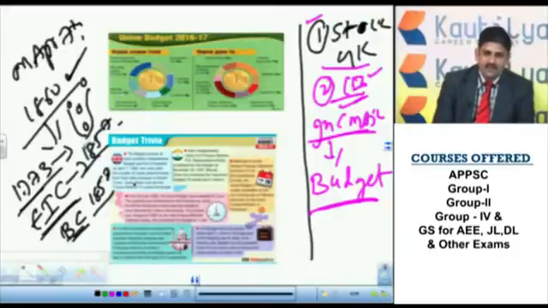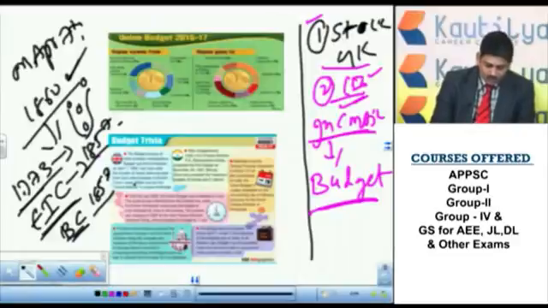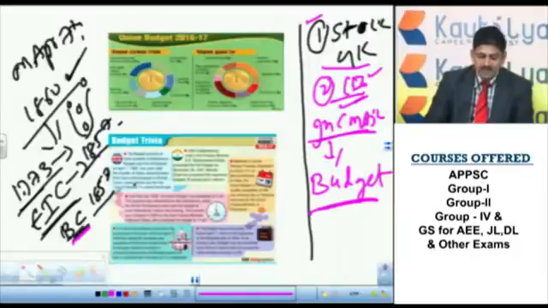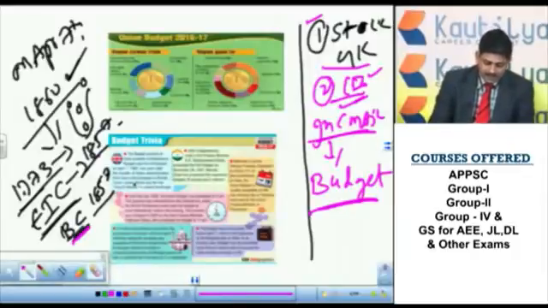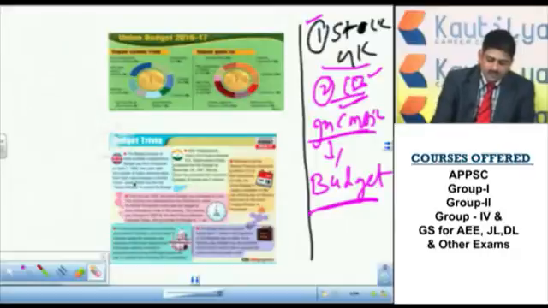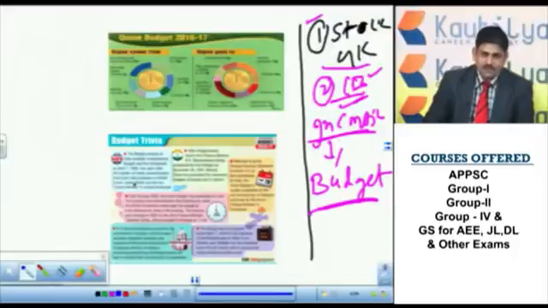After this mutiny, the East India Company rule was replaced by British Crown rule. After this, for the first time, James Wilson introduced the budget in India. So if the question is, before India's independence, in which year was the budget first introduced, you have to answer accordingly.